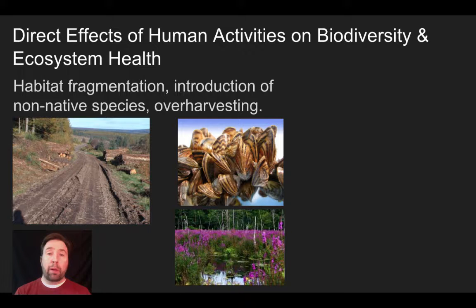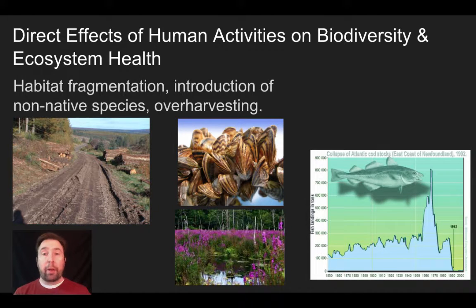Now both of these organisms are out-competing native species for habitat, and as a result of their actions, we're seeing a loss of biodiversity in areas and a loss of habitat for many native species.